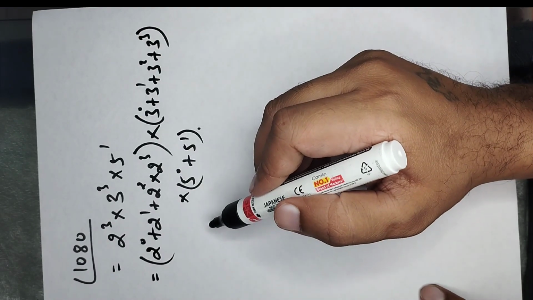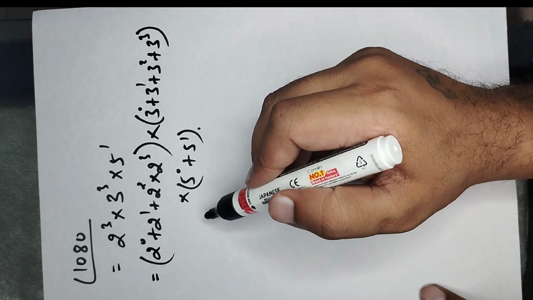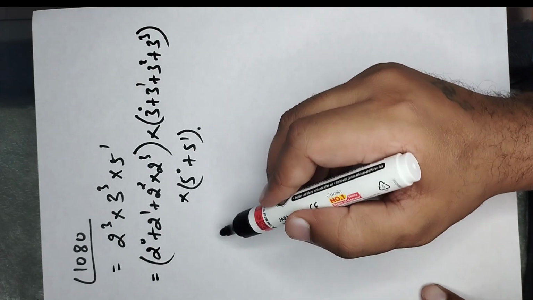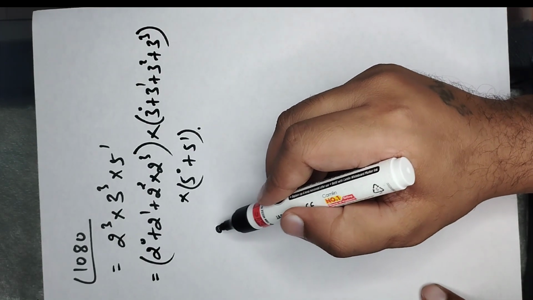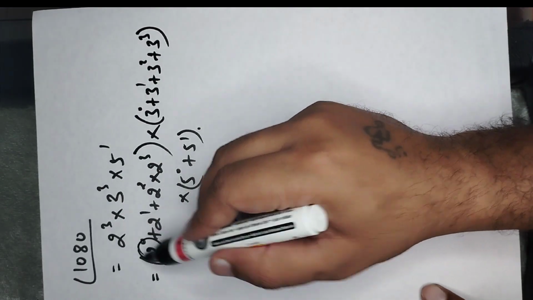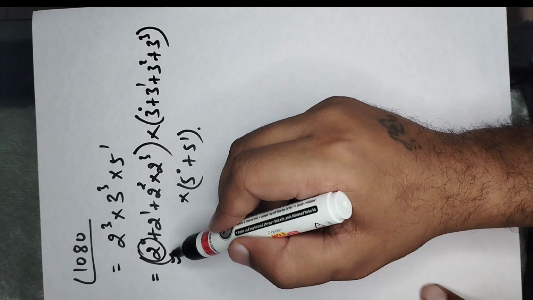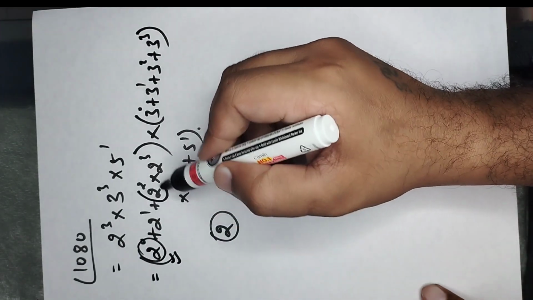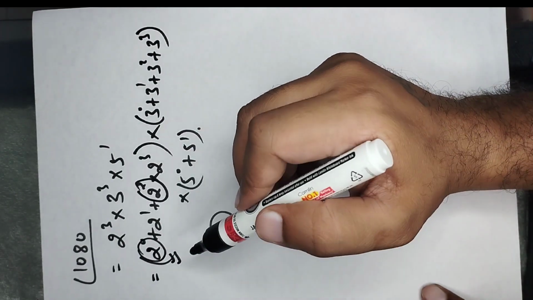Now you just have to spot the numbers that are squares, or we can say that are the multiples of 2. So I can say this 2 raised to the power 0 gives us 1, so this will always be there. Then 2 raised to the power 2, 2 is the square.